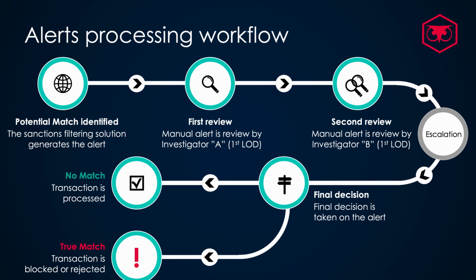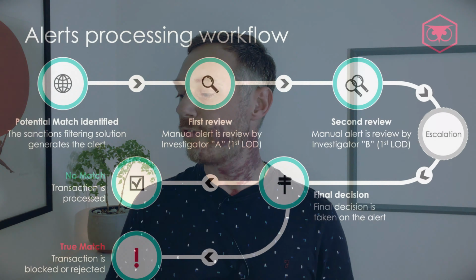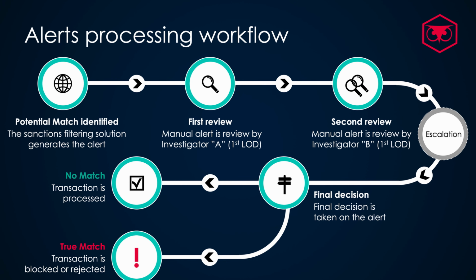This is normally called the 4 eyes process, where you have 2 sets of investigators checking the same transactions to make sure that there is an agreement on the decision that has been taken on both sides. So there will be the first review, and after that a second review of the same transaction, and possibly if you need to escalate to someone more experienced or a supervisor in the team, there could also be an escalation taking place on the alert.